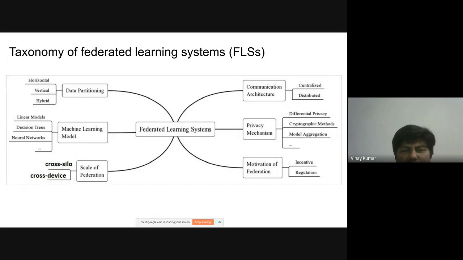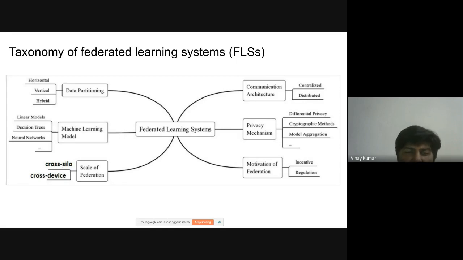The most popular machine learning model now is the neural network, which achieves state-of-the-art results in many tasks, such as image classification and word prediction.